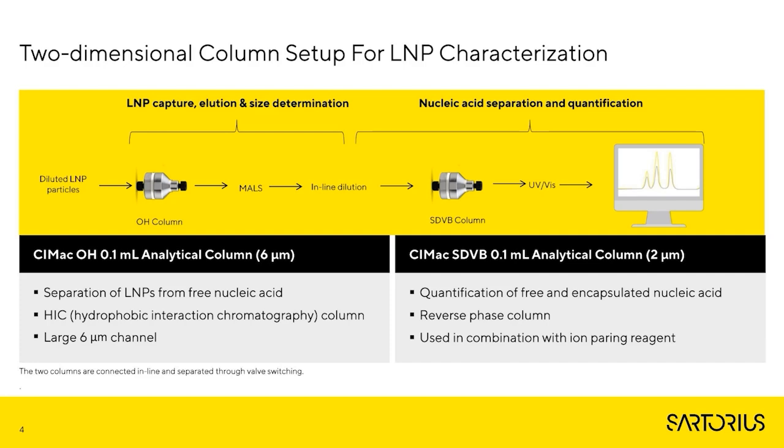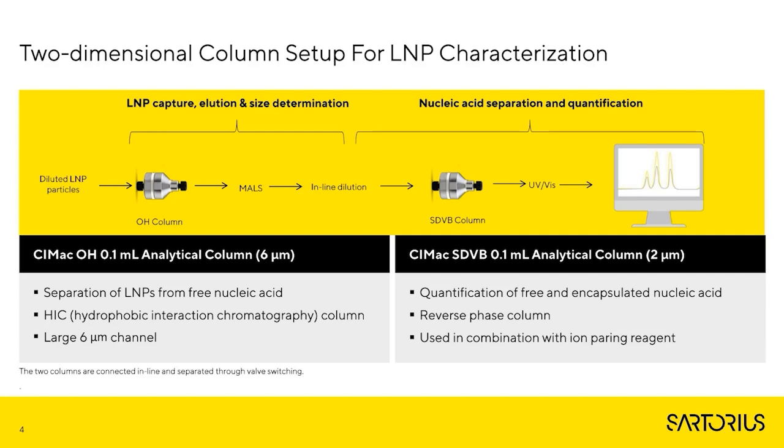And that's where the SDVB column comes in. So we separate it from particles in the first step, and then the second step is reverse phase ion pair chromatography. Here you're ion pairing the phosphate backbone of RNA, and then you're utilizing the hydrophobic properties of that.